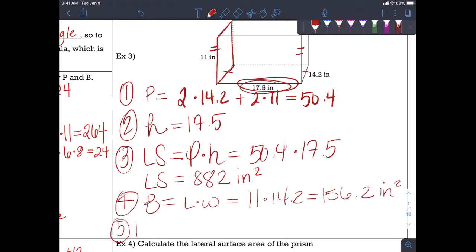All right, very last step. Let's calculate that total surface area, which is going to be my lateral surface plus 2 times the area of my base. So 882 plus 2 times 156.2. I'm going to put that in my calculator.